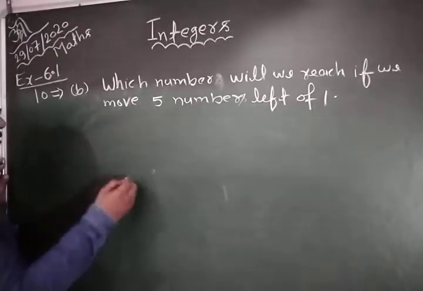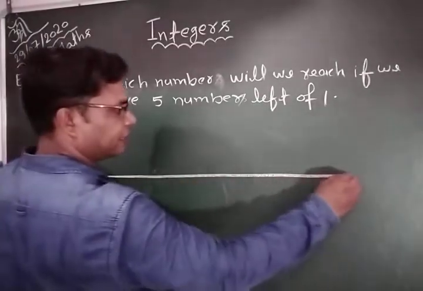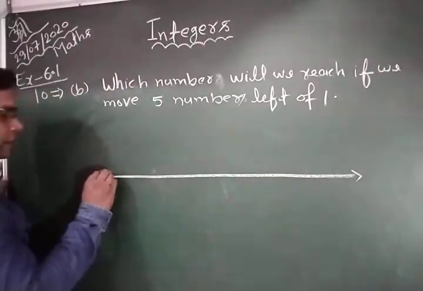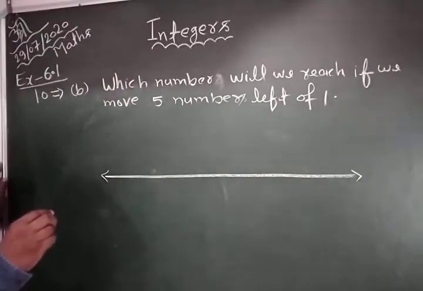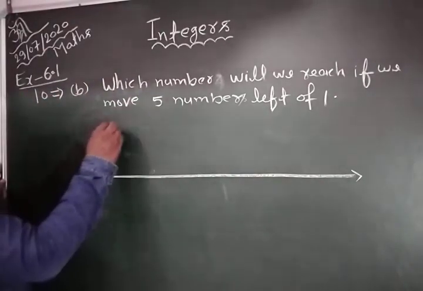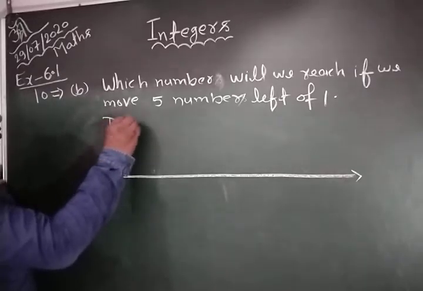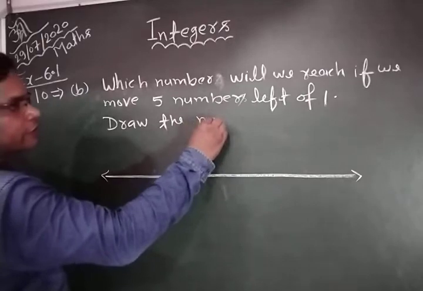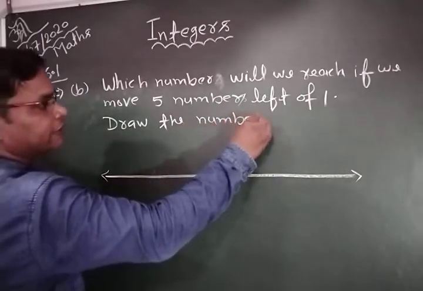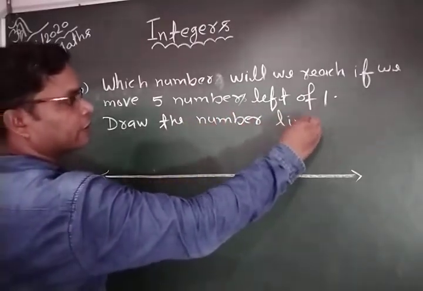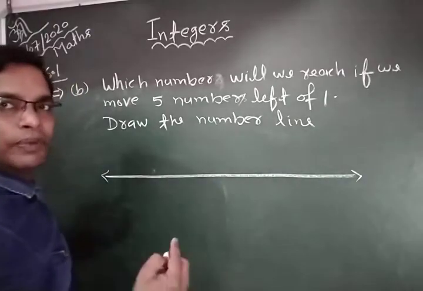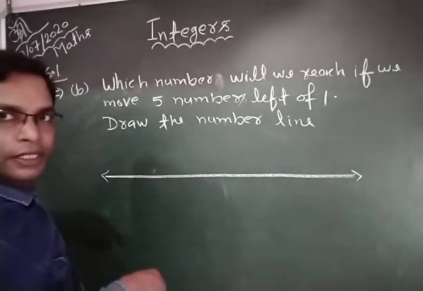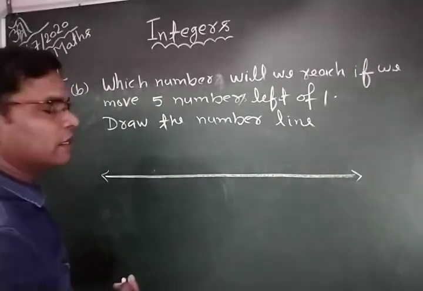So you can see this is the number line. Okay, first write here, draw the number line. Okay, this is a line. When you plot the numbers on this line, it becomes a number line.